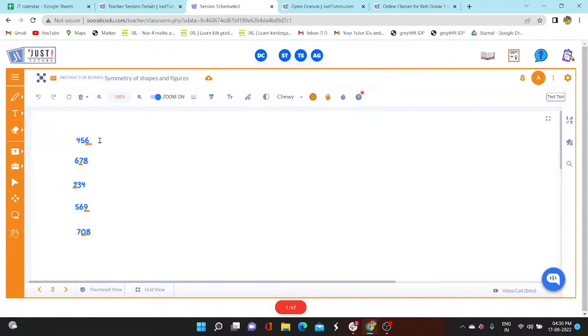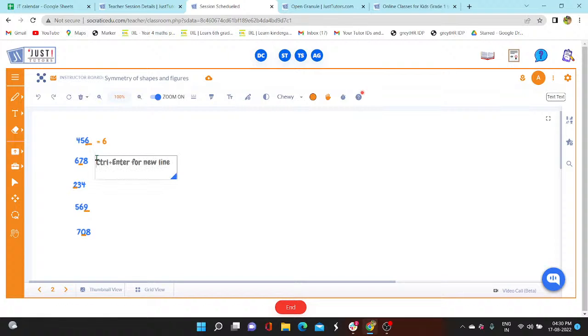Now if I start with the first one, the place value of 6 in the number 456 is a 6. Why? Because 6 is in the ones column. So we don't place any 0 after the 6, we will simply write 6.